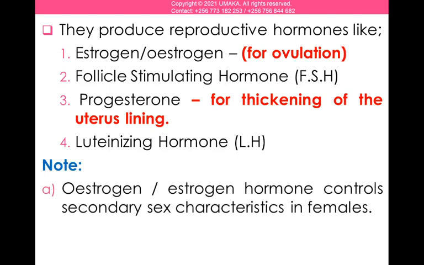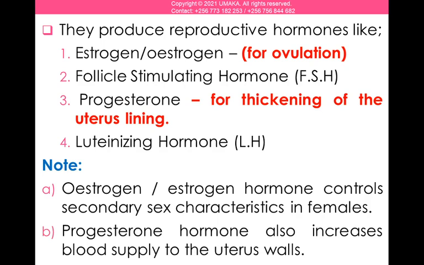This is a point to note. Oestrogen hormone or estrogen hormone controls the secondary sex characteristics in females. This is the hormone that controls secondary sex characteristics in females. And then in males, you studied, that is testosterone hormone produced by the testicles.